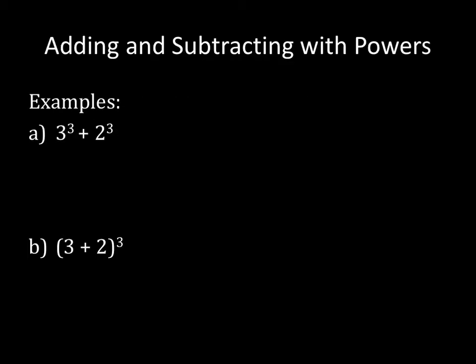So, adding and subtracting with powers. In the first example, we're adding 3 cubed and 2 cubed. To do this, we evaluate each power first. So 3 cubed is just equal to 3 times 3 times 3, plus 2 times 2 times 2.